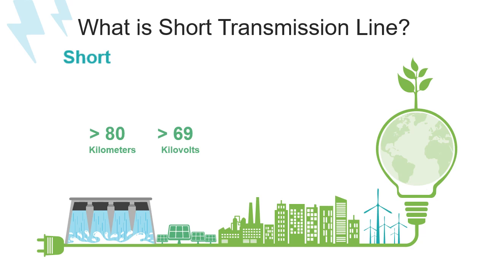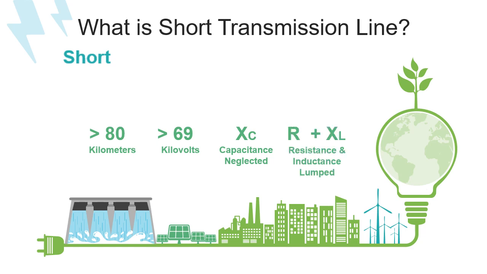Unlike medium and long transmission lines, the line charging current is negligible. Hence, the shunt capacitance can be ignored. For short length, since the shunt capacitance of the line is neglected, the other parameters, like electrical resistance and inductance, are lumped. So these are the characteristics of short transmission lines.